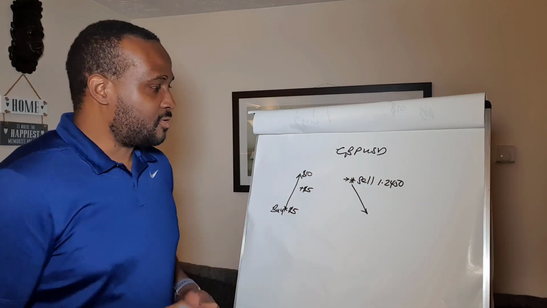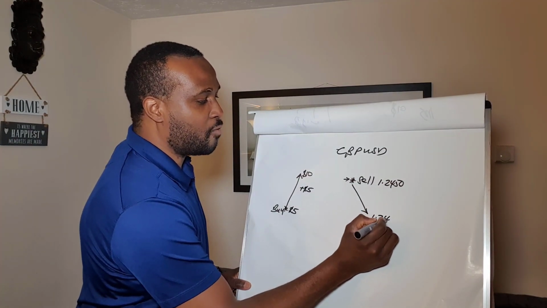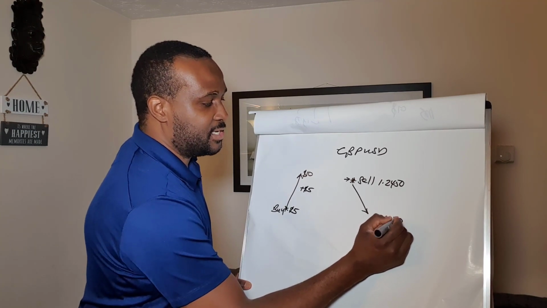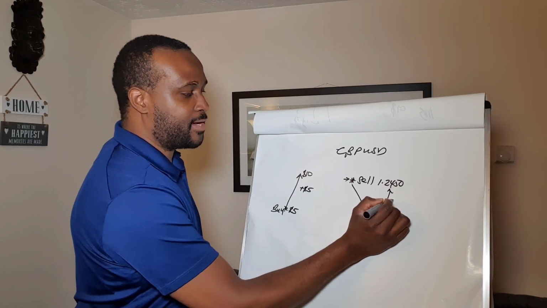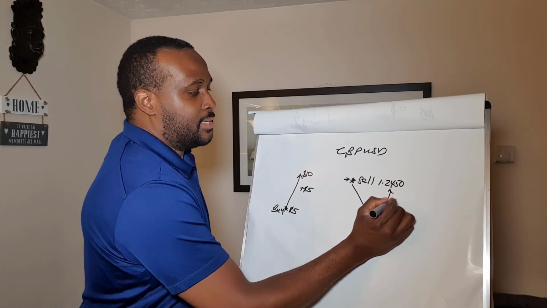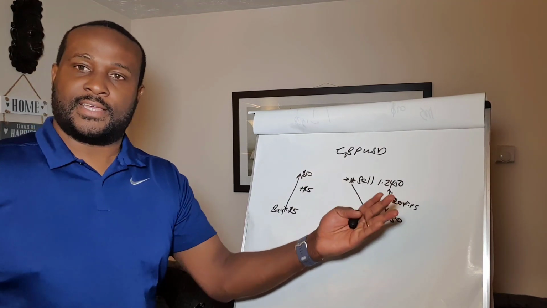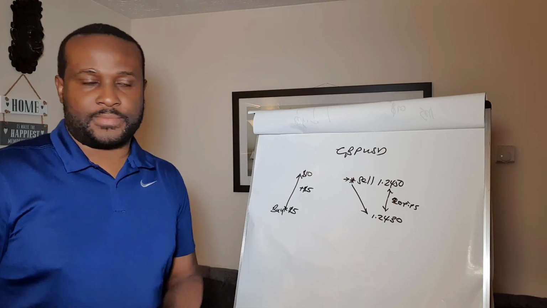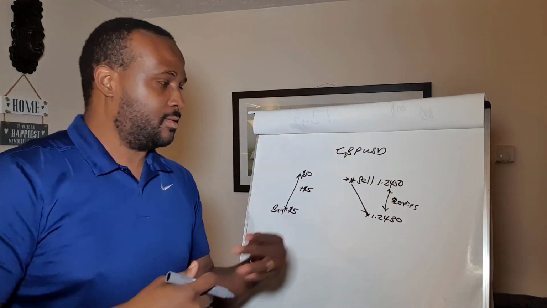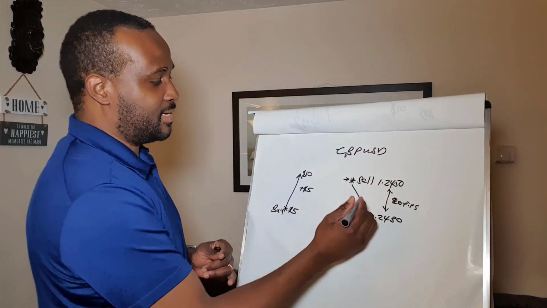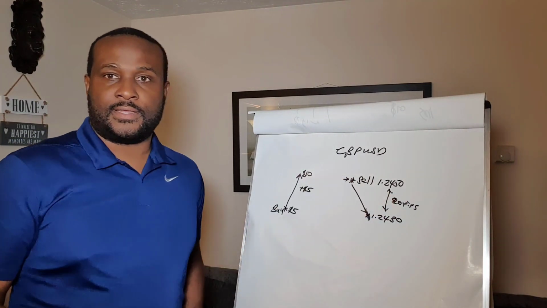So if price then gets down to 1.2430, it means that in that time, price has dropped 20 pips. So in that case, it is 20 pips profit for me. And I decide, once I get to this point, I buy it back, and I exit the trade, and it's a profit.